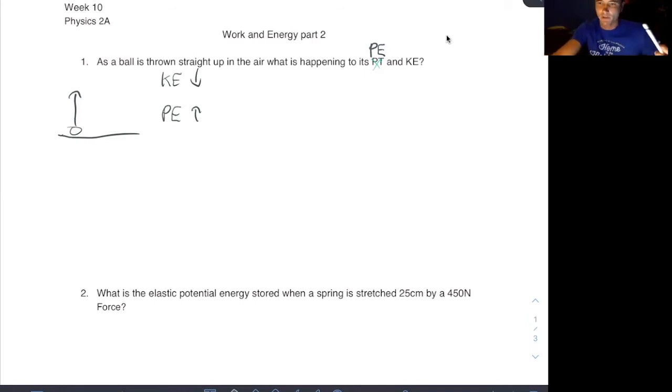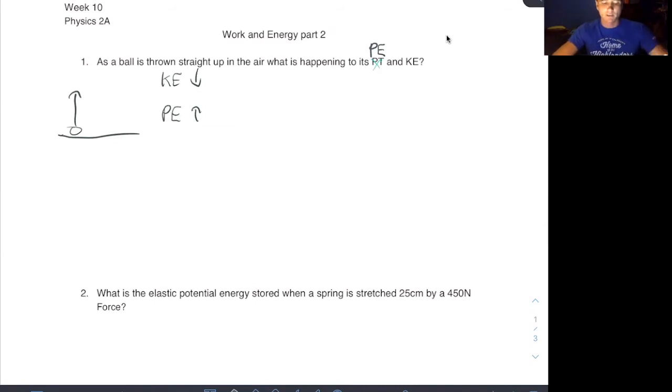And likewise with the spring, we increase potential energy by compressing the spring or stretching the spring out. We're creating the potential for that spring to bounce back to neutral, right? Because that takes a lot of energy. And then kinetic energy is, you could think of it as the energy that it takes to create that potential energy.